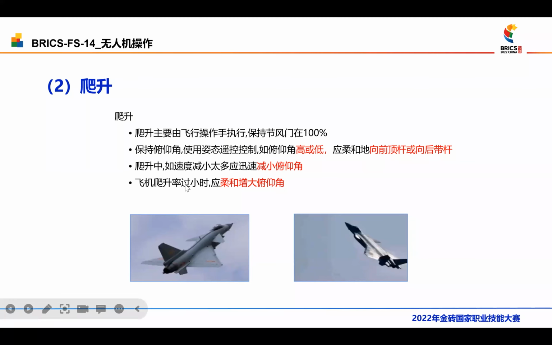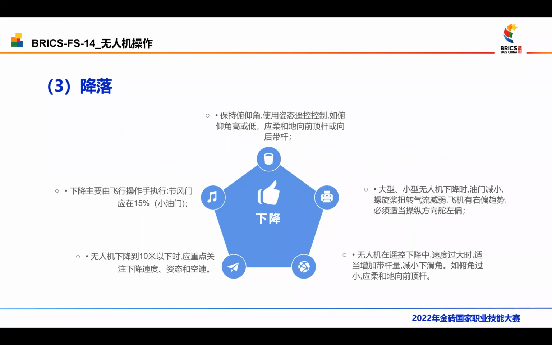Whether it is high or low, gently push the rod forward or pull the rod backward. In climbing, if the speed is reduced too quickly, it should reduce the pitch angle. And if the aircraft climbing rate is too small, it should gently increase the pitch angle.